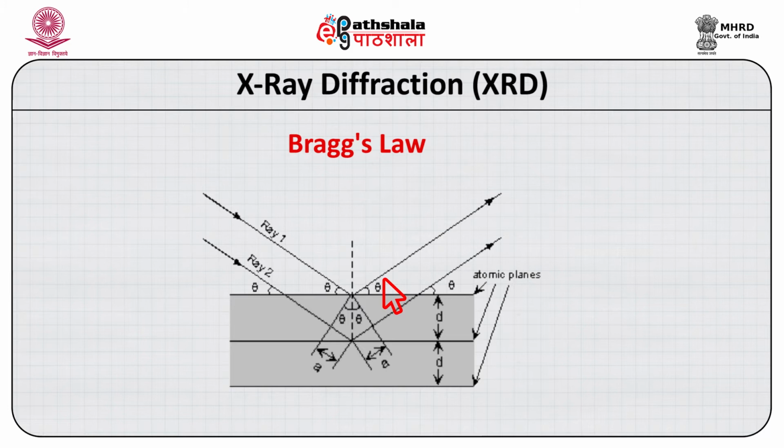Now, if we use in n lambda is equal to 2d sin theta a wavelength of a monochromatic or known X-ray, then we can measure d or the d spacing.